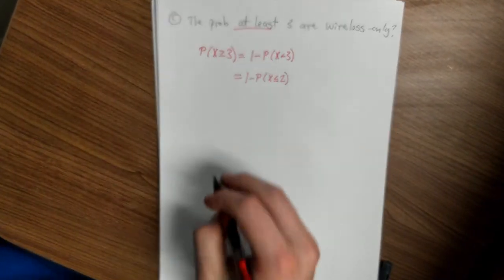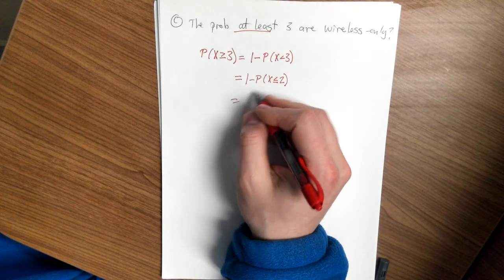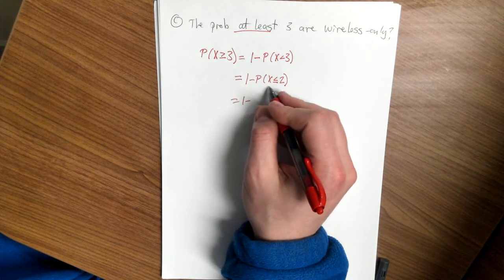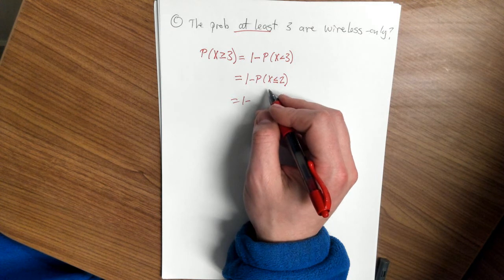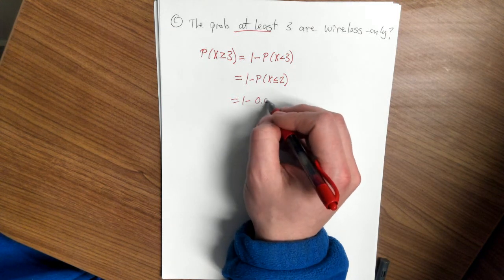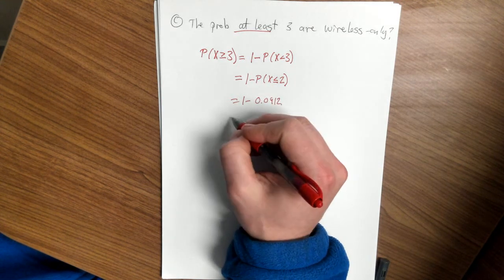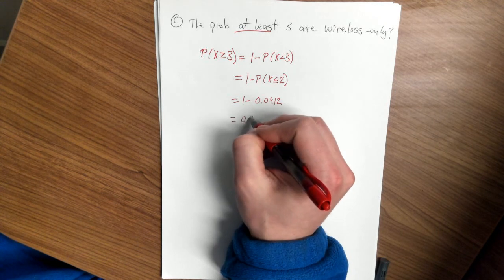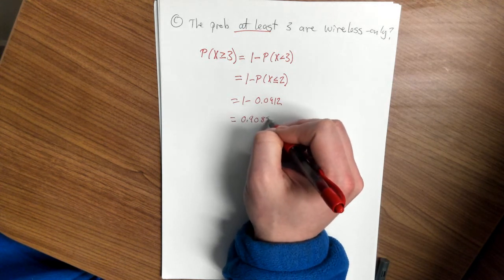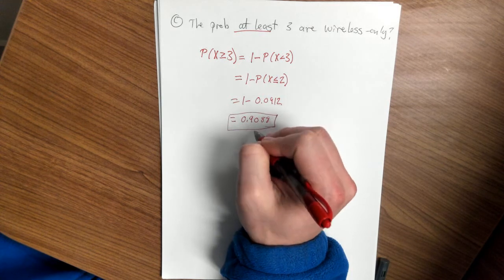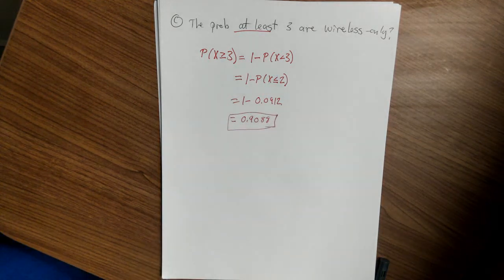You can work out the steps again if you want, but in part B we found the probability that x is less than or equal to 2, and that was 0.0912. So that equals 0.9088, or 90.88% that at least 3 will be wireless only.